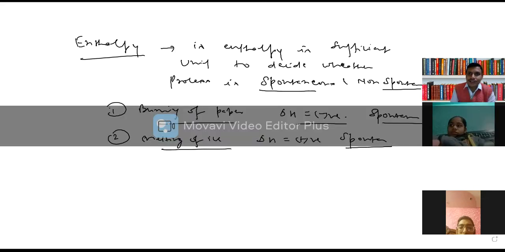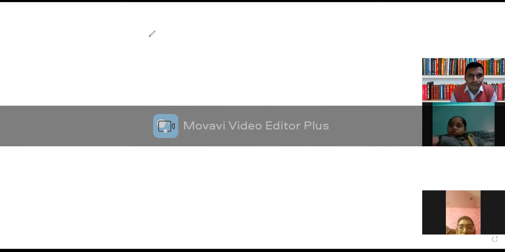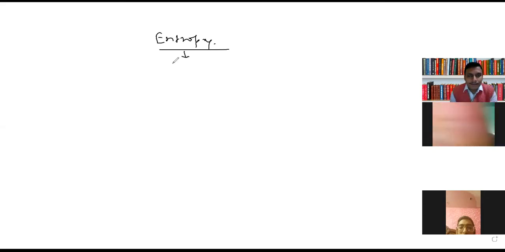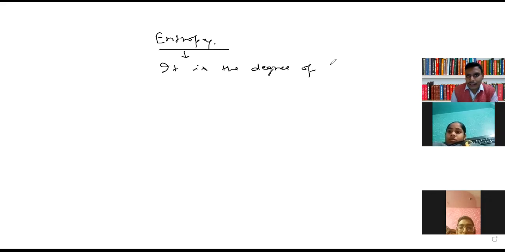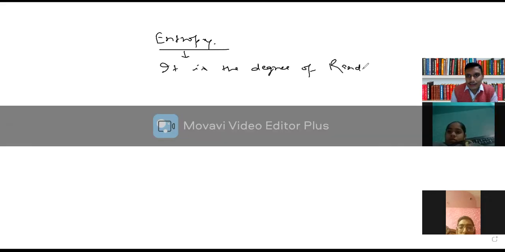So now we have to understand entropy. And what is entropy? Entropy basically is the degree of randomness. What is the meaning of randomness?